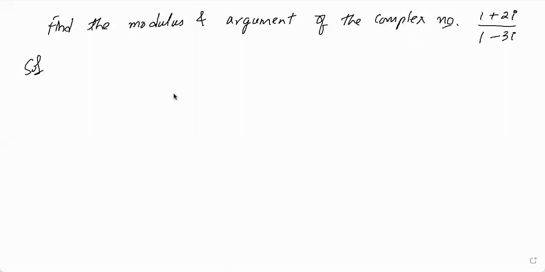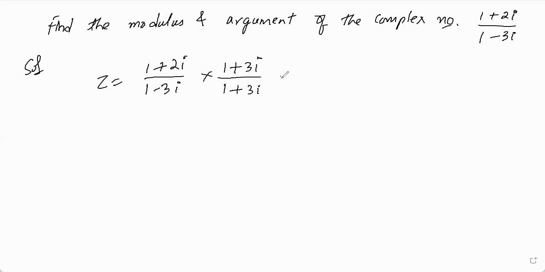So let us find the modulus and the argument of the given complex number z as 1 plus 2i by 1 minus 3i. Now you have to multiply and divide by the conjugate of 1 minus 3i, which is 1 plus 3i by 1 plus 3i.